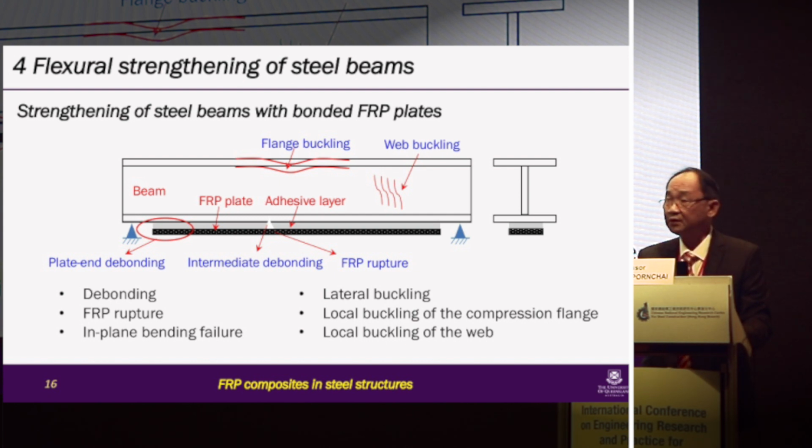Or it could fail by flange buckling or web buckling. This is because with the addition of the FRP plate, we actually shift the shear center and the centroid of the section and put higher stress on the web and the flange, causing possible flange and web buckling.